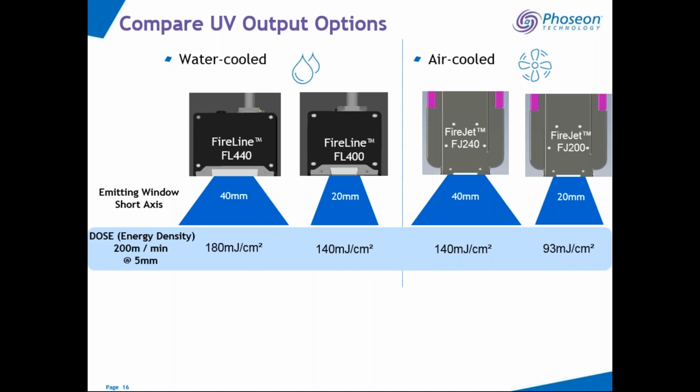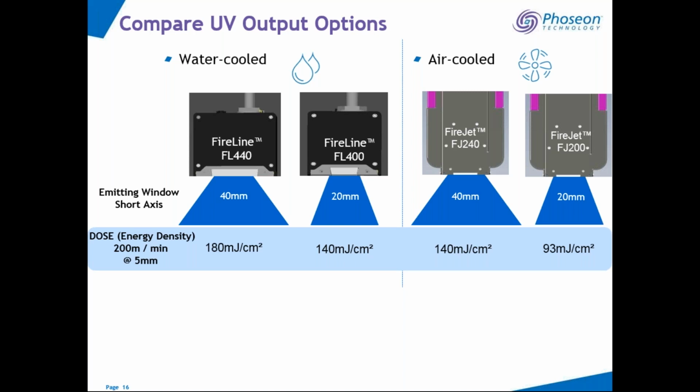What that does is that drives some of our energy density. And so the formulation that we have here is based off of our experience on working with various press manufacturers as well as converters. But we just decided we would take a 200 meter per minute calculation at a working distance of 5 millimeters. And all of these are important to determine how much energy density is actually reaching the chemistry.